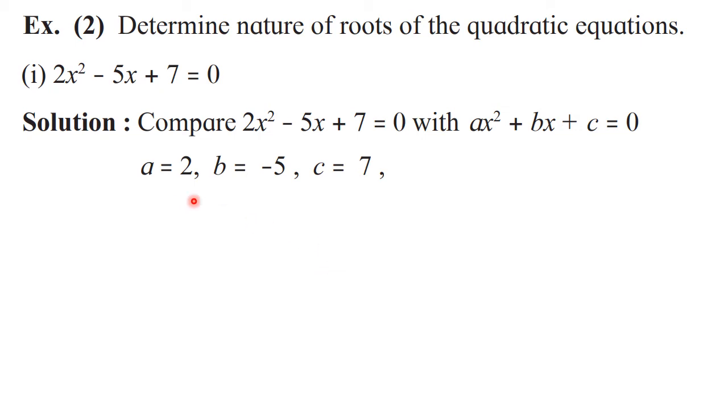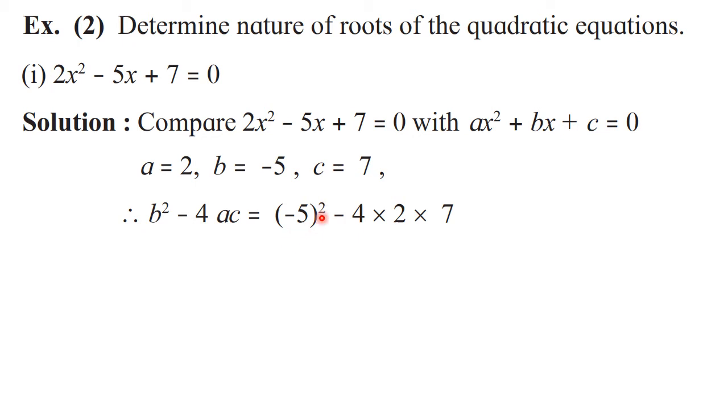Now after this, as I have said, we have to determine the nature of the root. That means we have to find the value of discriminant delta, that is b square minus 4ac. So immediately you find out b square minus 4ac. B is minus 5 here, so minus 5 square minus 4 into value of a is 2 and c is 7.